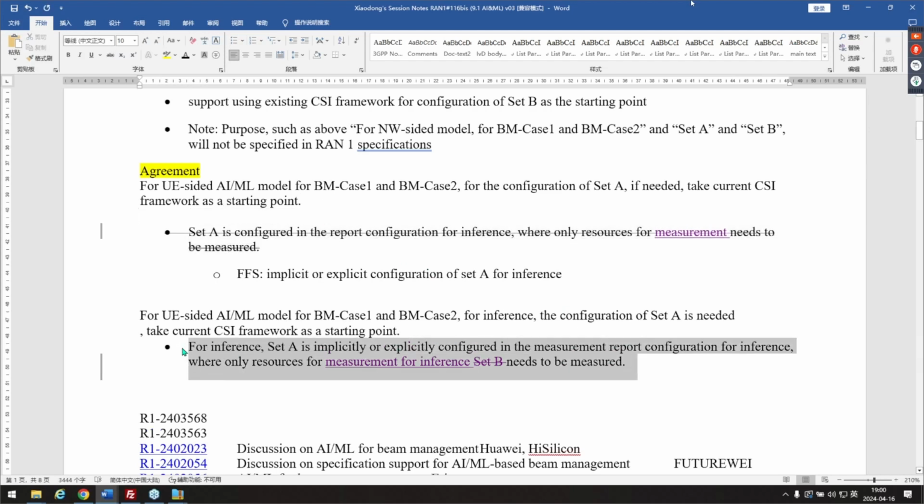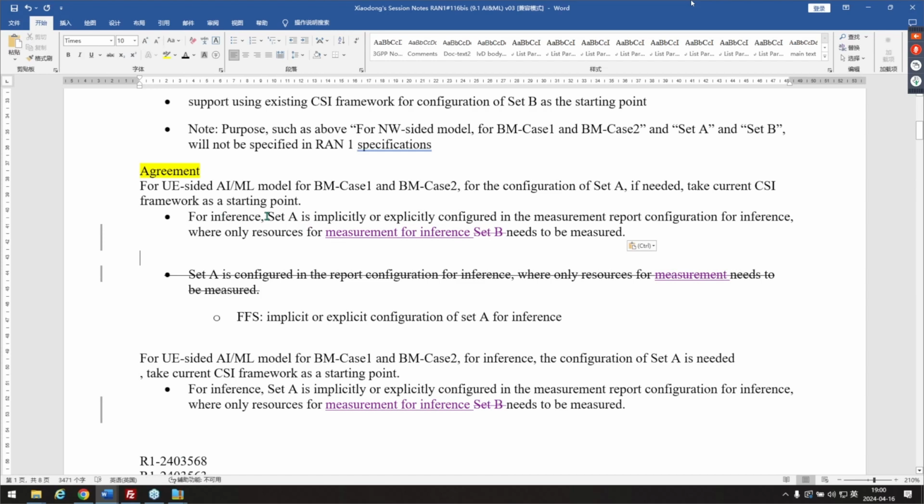But as we have this AI-based prediction, the candidate beams for your report are different, larger than the beams for your measurement. So you have to have some configuration for set A to let the UE know your candidate beams for your report. So we think set A has to be configured.